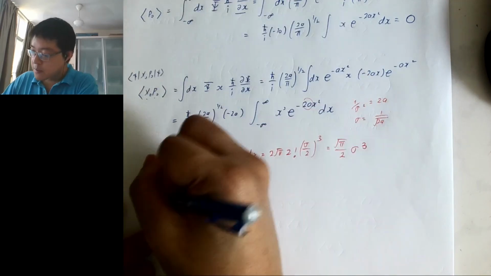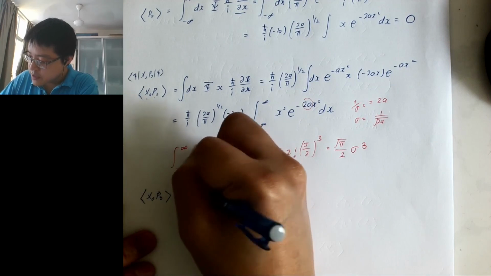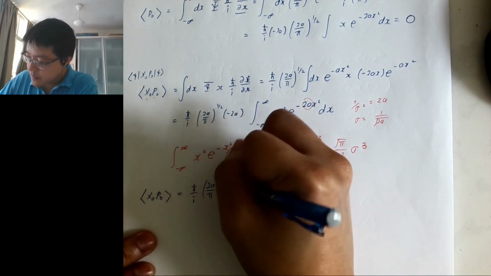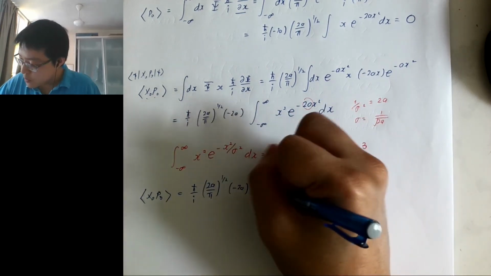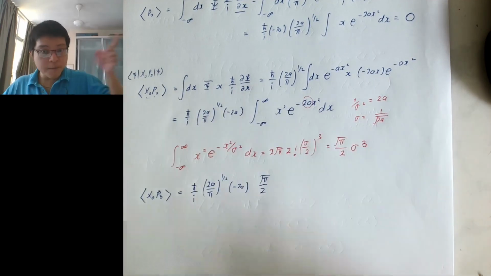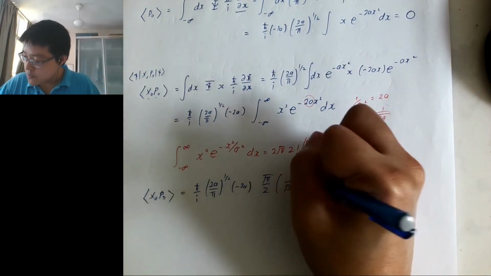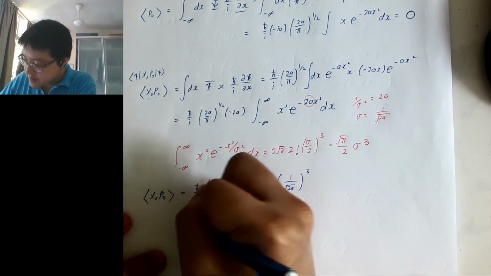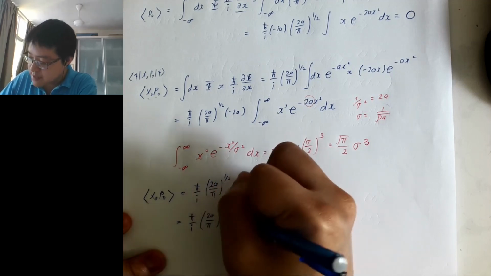Therefore my expectation value of xp equals h bar over i, (2a over pi) to the half, times 2a, and then the integral was square root of pi over 2, sigma to the power 3, that means 1 over root 2a to the power 3. It's very messy, so we have to tidy up the messiness.